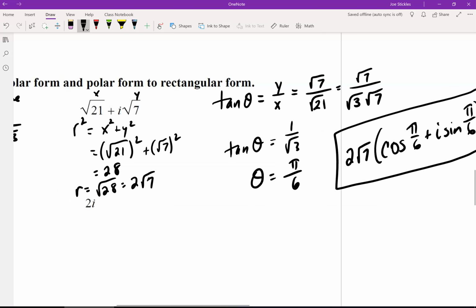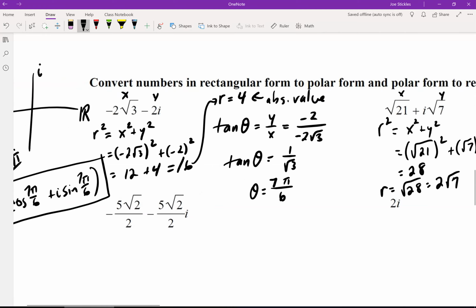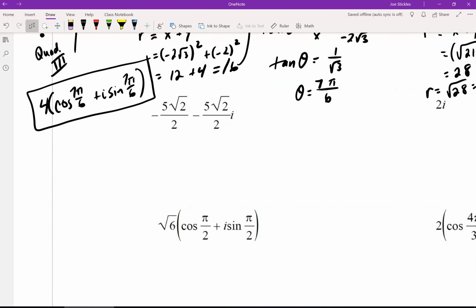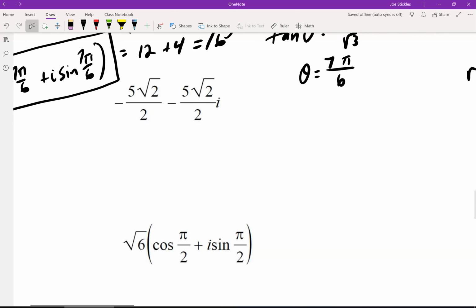Okay, so let's look at these next two. Looks a little ugly, but it's not so bad. All right, so here again we have r squared is equal to x squared plus y squared. The x is negative 5 square root of 2 over 2, and we square it.